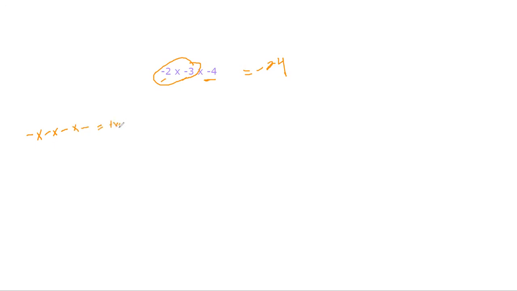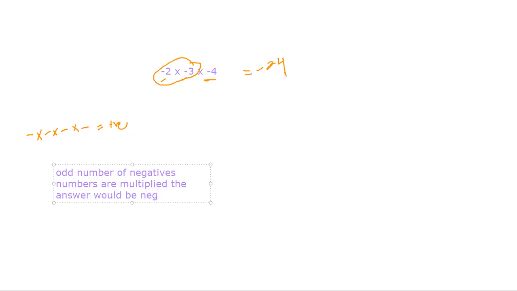So if an odd number of negative numbers are multiplied, the answer would be negative.